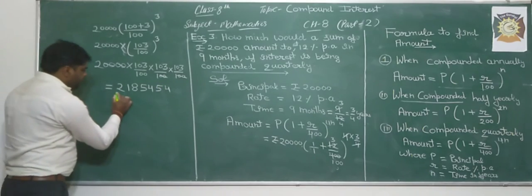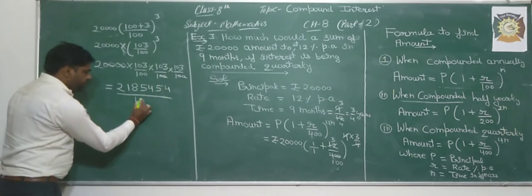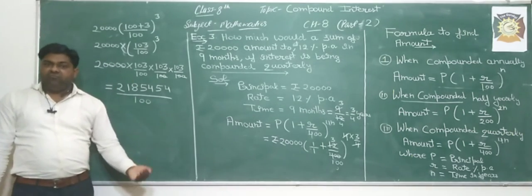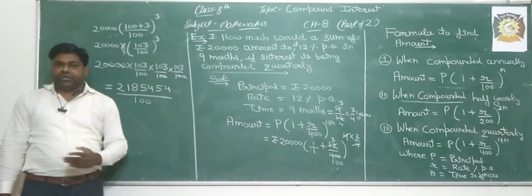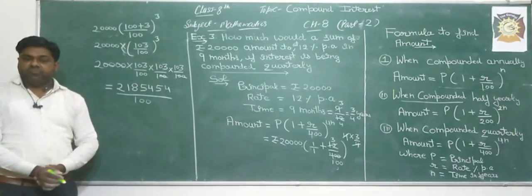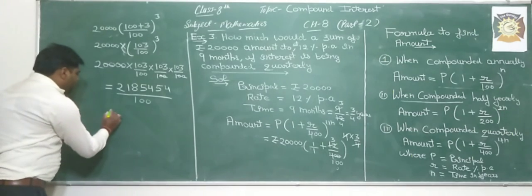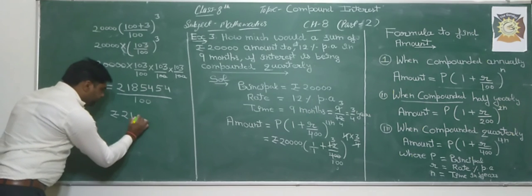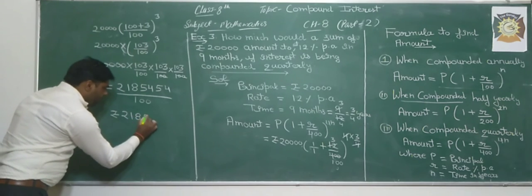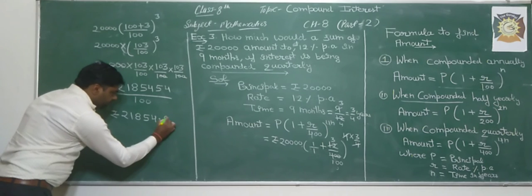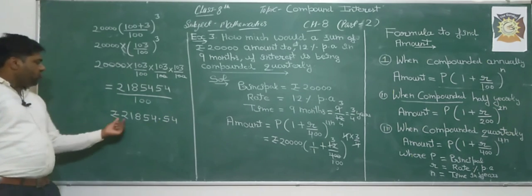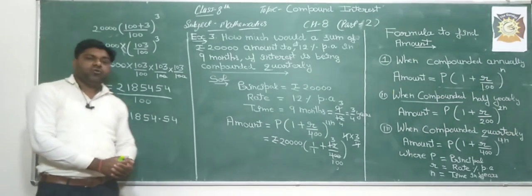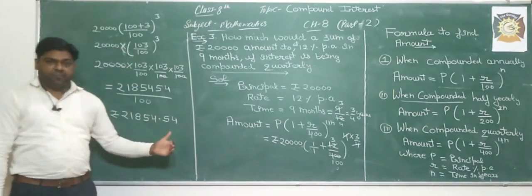And here what is this? This is 100. Because there are two zeros, we put the decimal point here, counting two digits from the last. So it becomes 21,854.54. So it is 21,854 rupees and 54 paise.